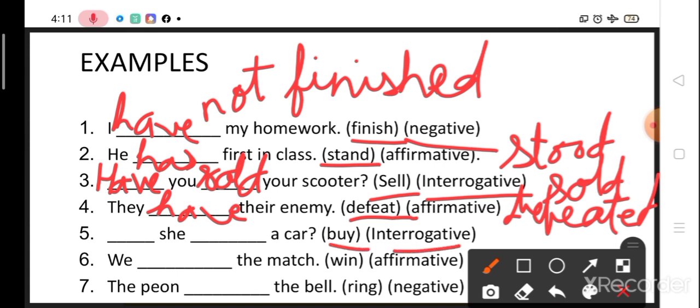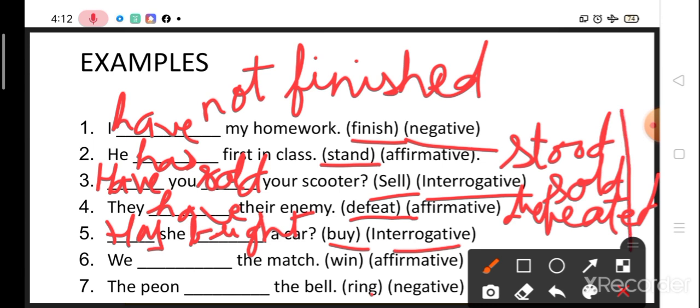By interrogative sentence, it is she, so we will use has. Has she, and past participle of buy is bought. B-O-U-G-H-T, bought. Has she bought a car?